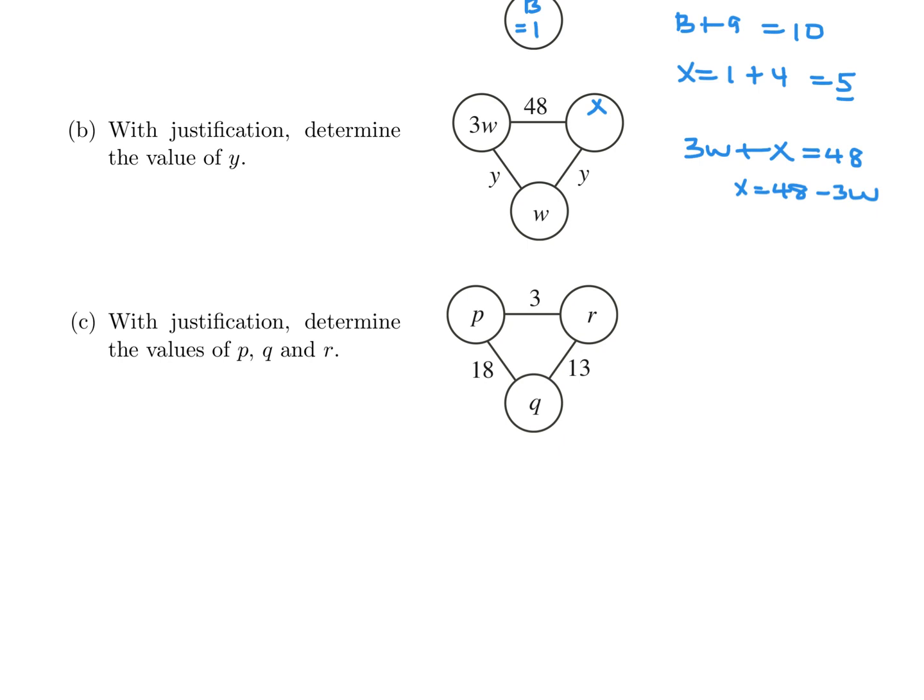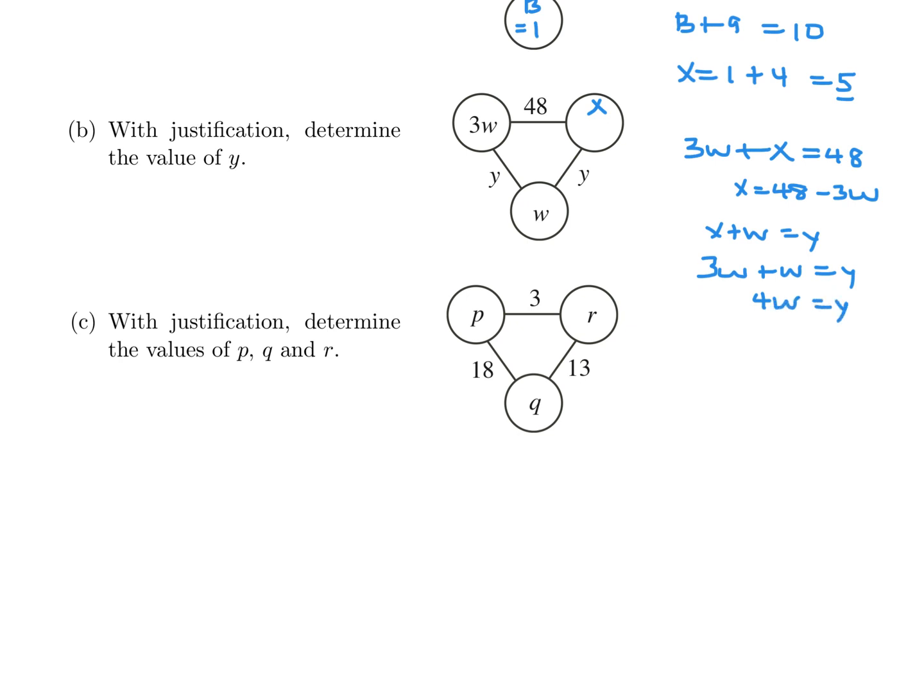And then similarly, if you look at any of the other connections, x plus w would be y. And the other one would give me 3w plus w is y, so 4w is y.